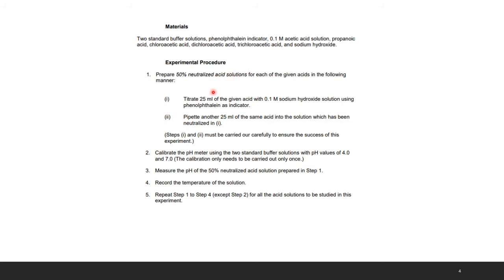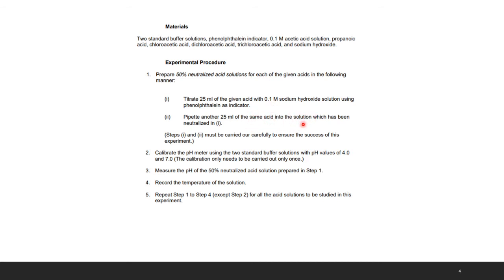You do that by adding 25 ml of the acid into a conical flask, adding the phenolphthalein, and titrating with 0.1 molar sodium hydroxide. As soon as you reach the end point, you add another 25 ml of the acid into that same solution.